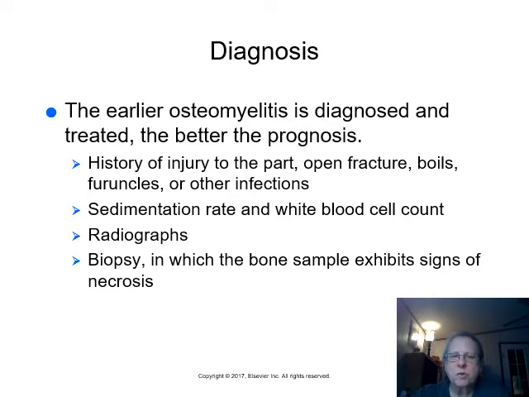Those two levels are probably going to be elevated. They'll do an x-ray showing maybe some necrosis inside. And the doctor may want to do a biopsy to make sure, is there necrosis inside there, and they need to open that up and actually clean it out some more.